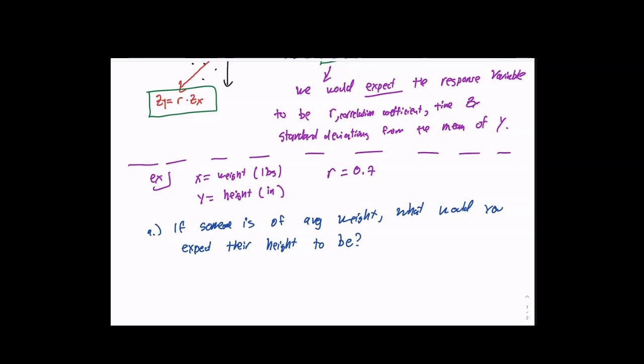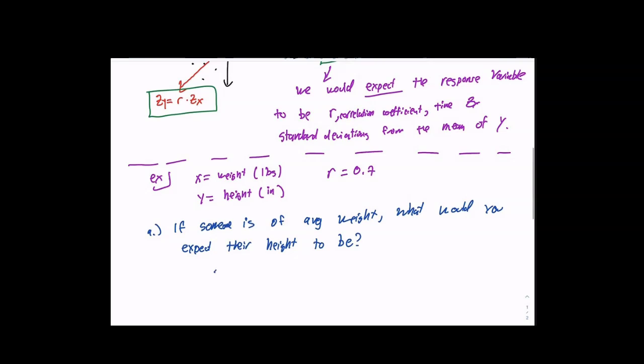But based on this question, just think about it in general. We know this person is of average weight. What would we expect about their height? Yeah, it would be average.